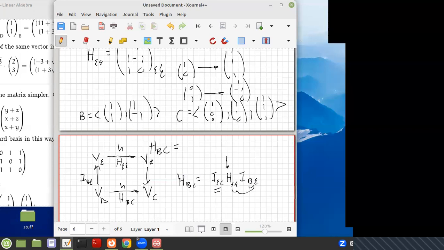I already know this from up here, but I want to see that I can calculate these.